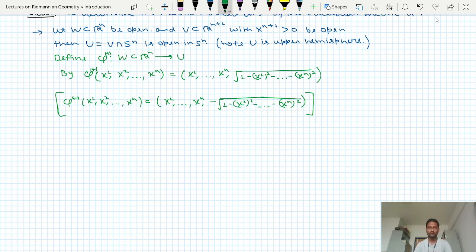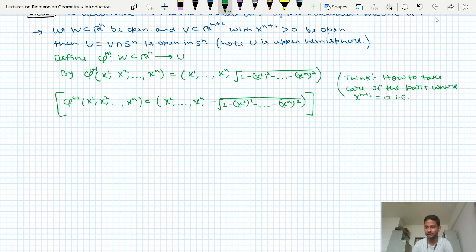Okay. So now here I'm giving you the first exercise. Think how to take care of the part where x_{n+1} is equal to 0.